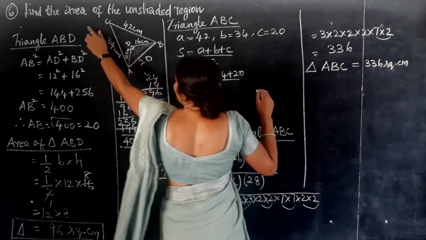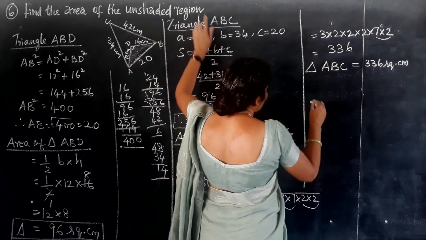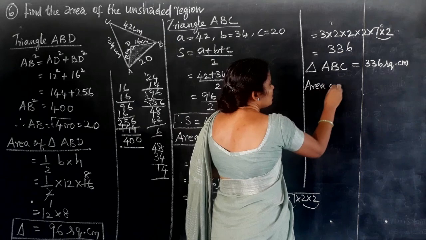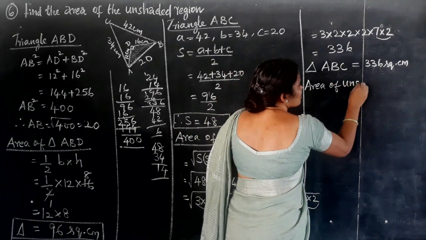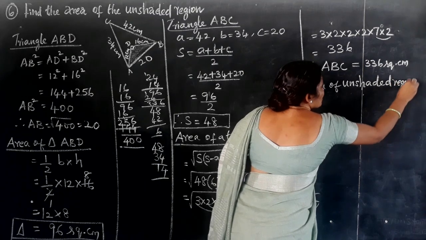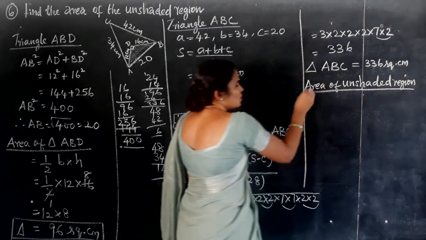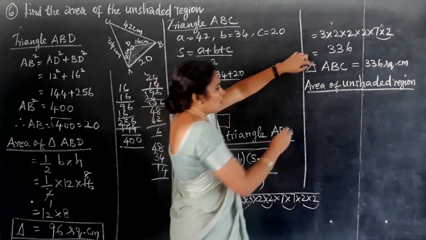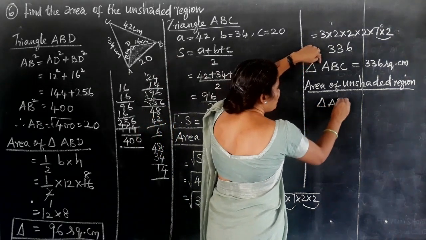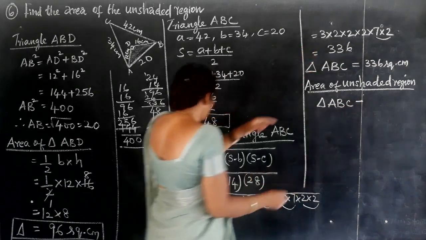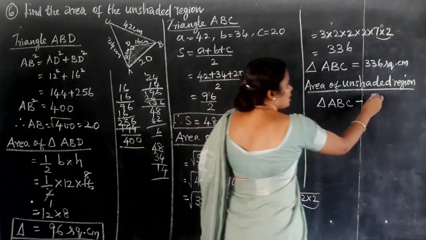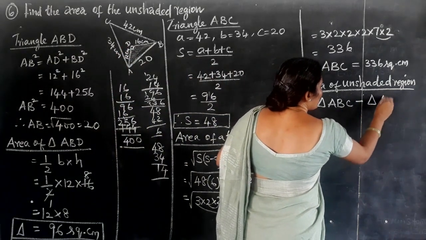We are asked to find the area of the unshaded region. To find the area of the unshaded region, subtract triangle ABC minus triangle ABD, unshaded minus shaded.